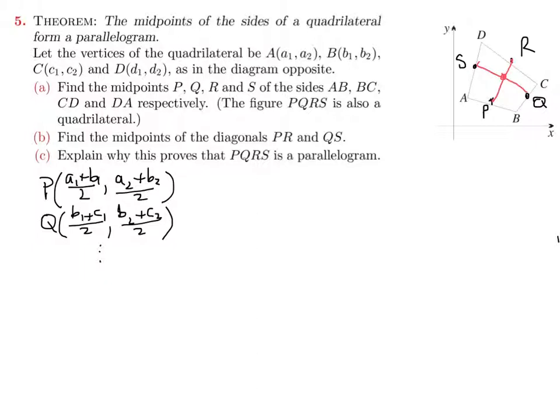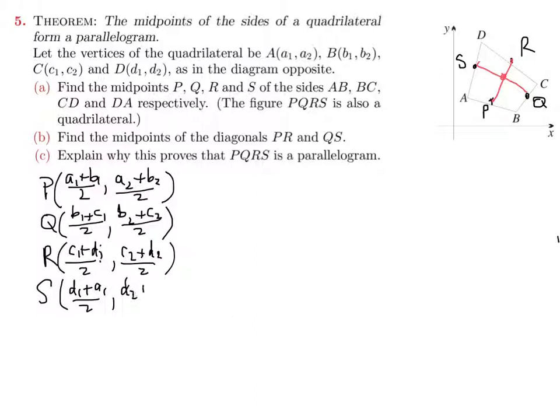Now, I might have to just quickly do R. That is going to be (C1 plus D1 over 2, C2 plus D2 over 2), and S is going to be (D1 plus A1 over 2, D2 plus A2 over 2). Okay, didn't want to do all of them, but anyway.